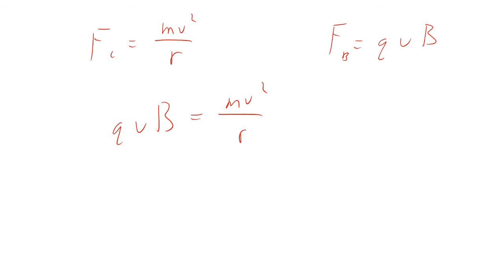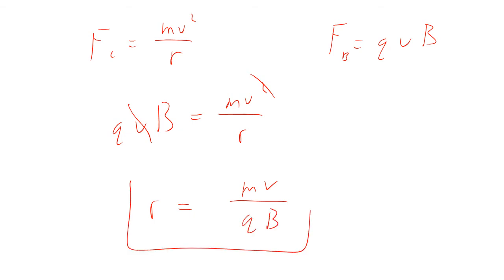Well, what we find is that V cancels one of those V's, and so we can say that R is going to be mv over QB. So that's the radius of curvature right here. And so we call this cyclotron motion.